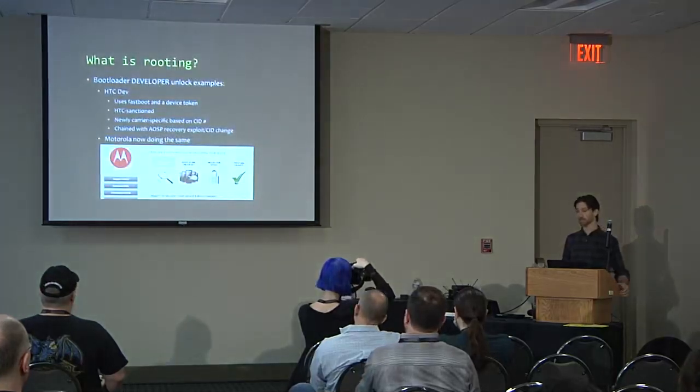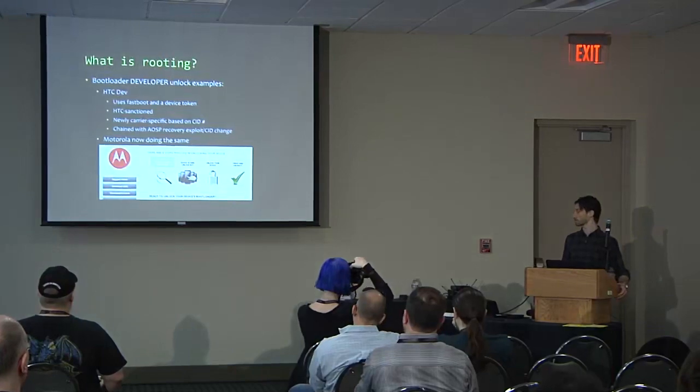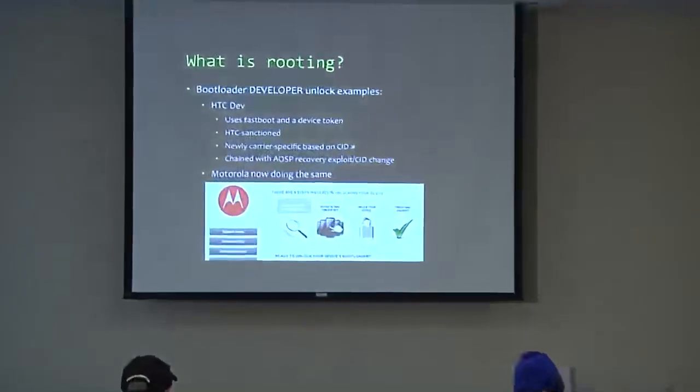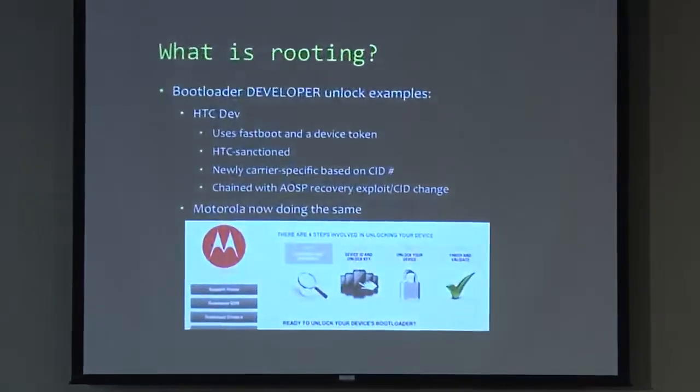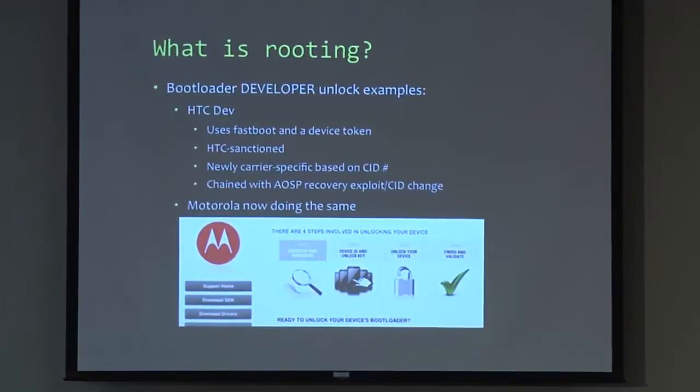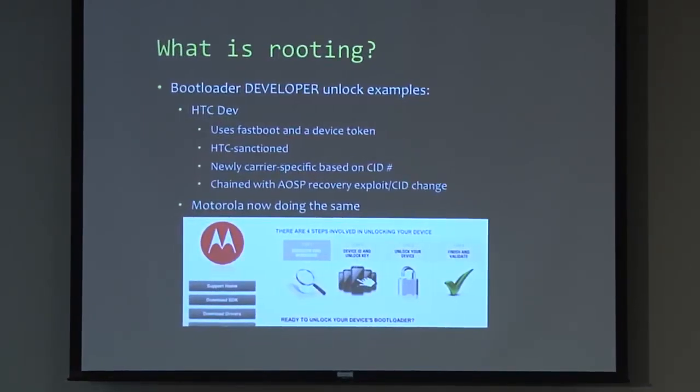If you wanted to developer unlock your bootloader, which is supported by a bunch of OEMs, HTC Dev, I think, was the first one. It just uses fastboot. You feed a device identifier token to the HTC website, and they come back with a device token. You feed that to fastboot, and it unlocks your bootloader, and it wipes /data.